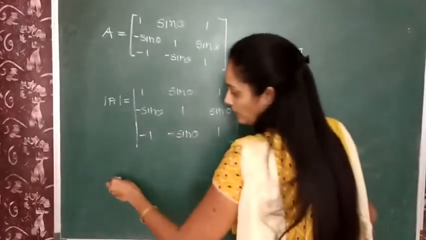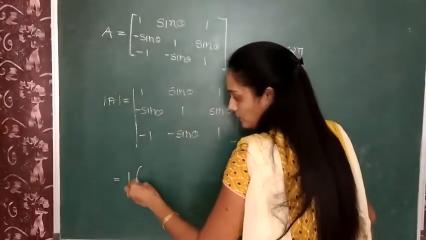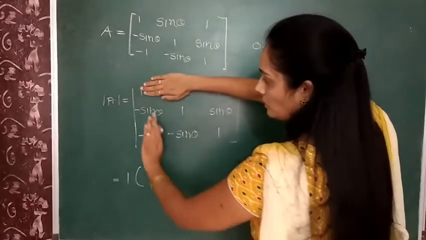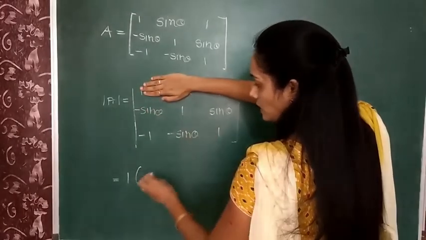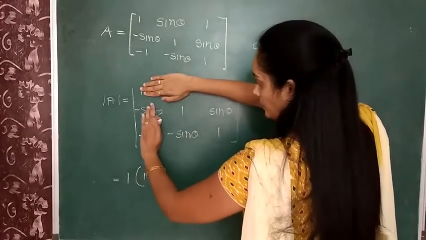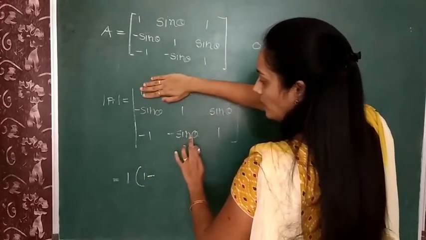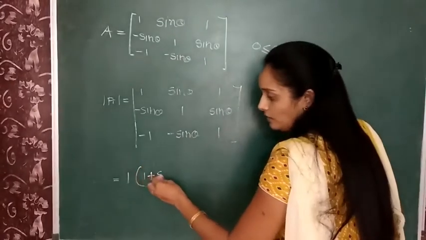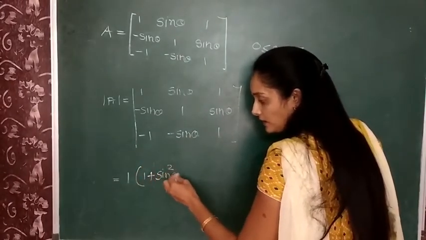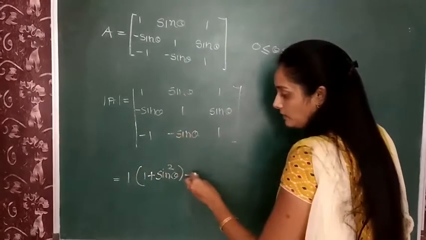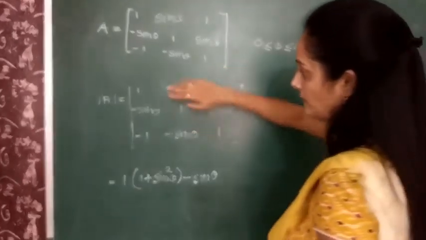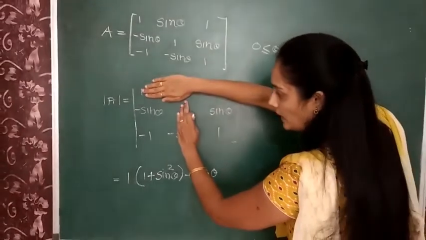Okay, now we expand it. So 1, we hide 1, that means first row and first column. So 1 into minus sin theta into minus sin theta, so plus sin square theta. Minus, second term is sin theta, so we hide sin theta, that means first row, second column.